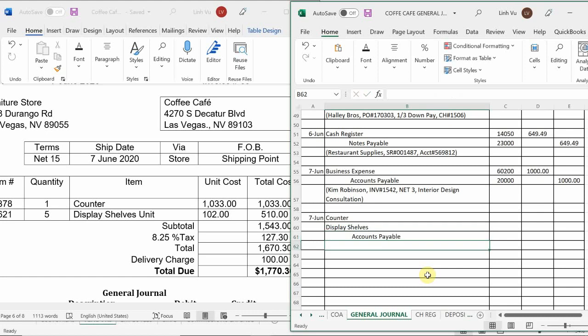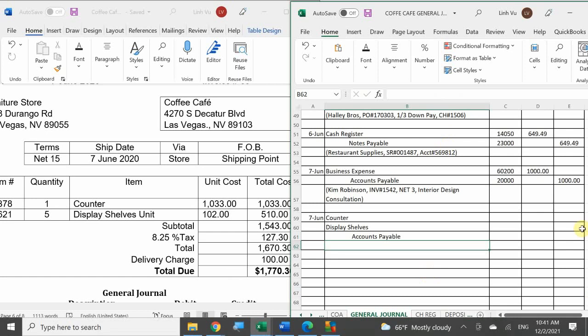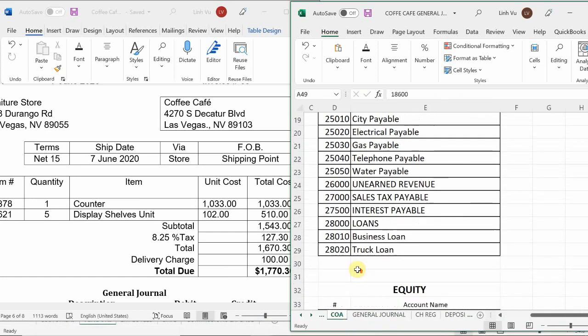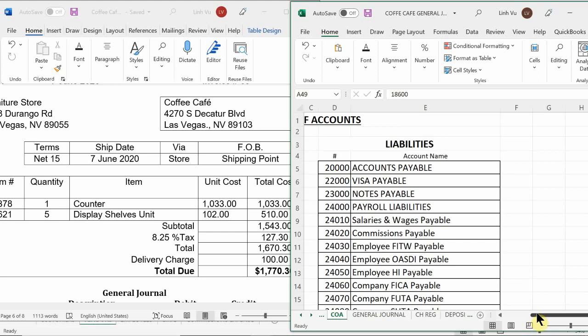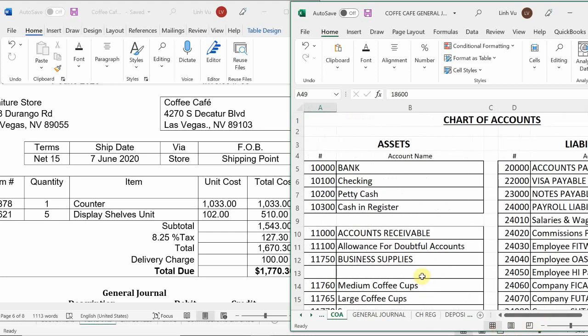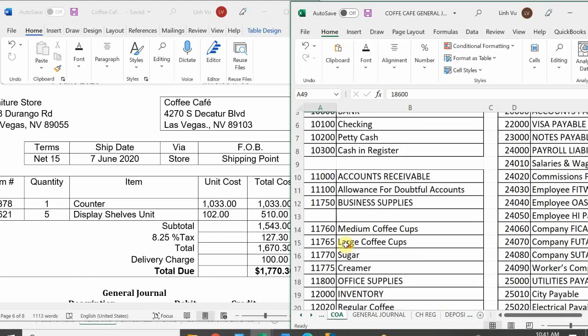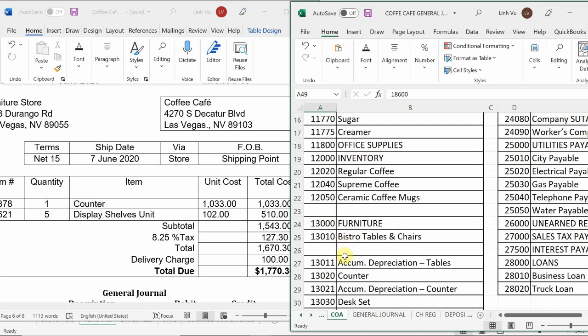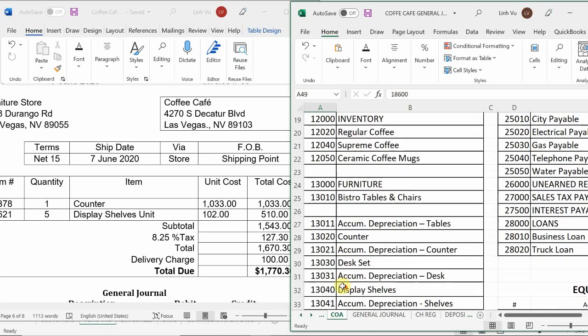We're going to pay it within the 15 days. Again, in my chart of accounts, what account number is my counter and what account number is my display shelves? 1320 and 1340, okay?